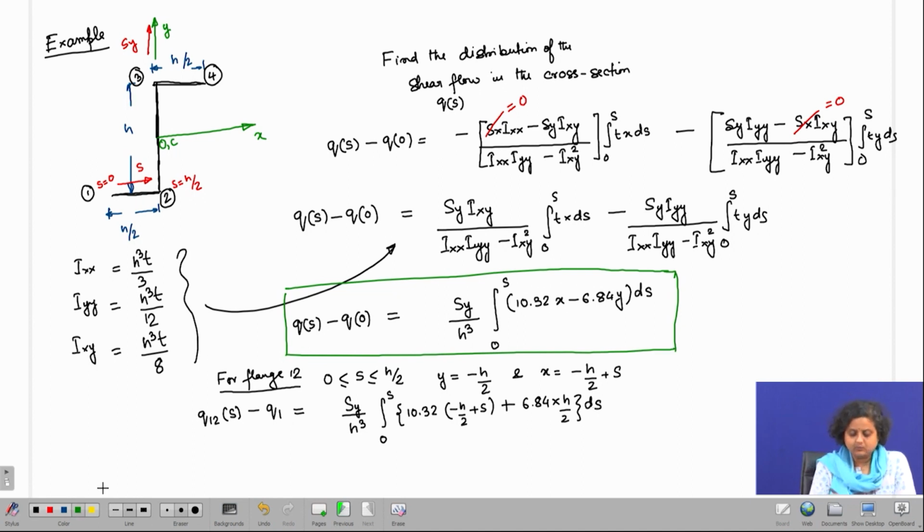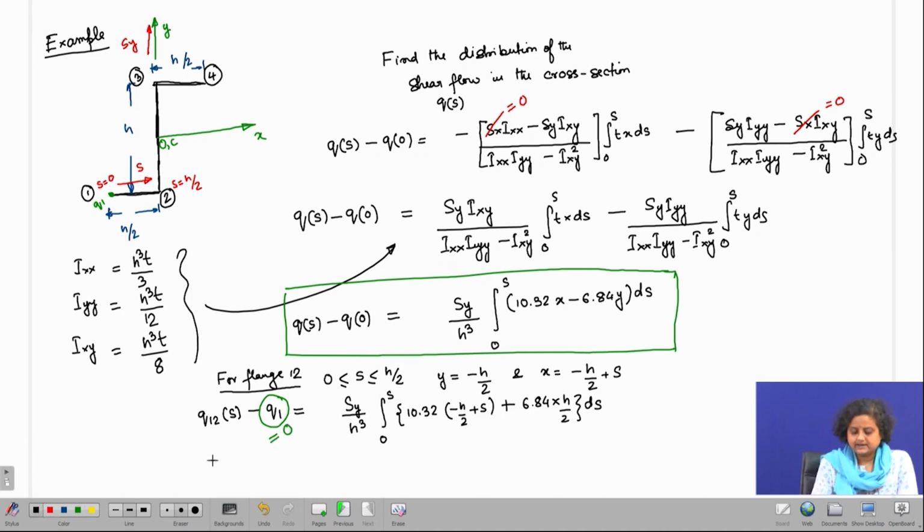Now, let us see what is Q1. Q1 is at the open end of the cross section. So, Q1 is here, we are measuring Q1 here, which is at the open end of the cross section. According to our boundary condition, all the beam surfaces are stress free. So, Q1 therefore has to be equal to 0.